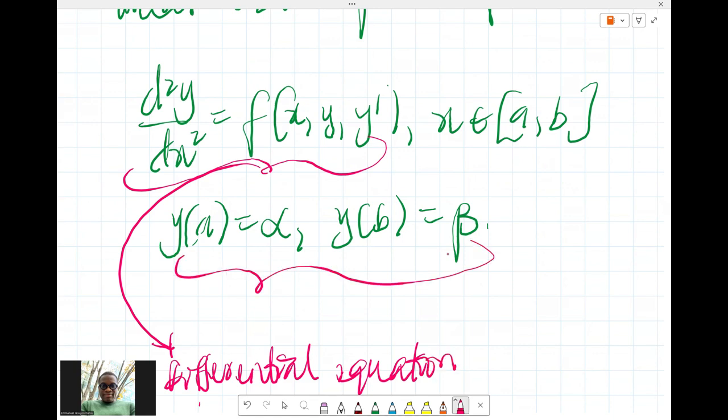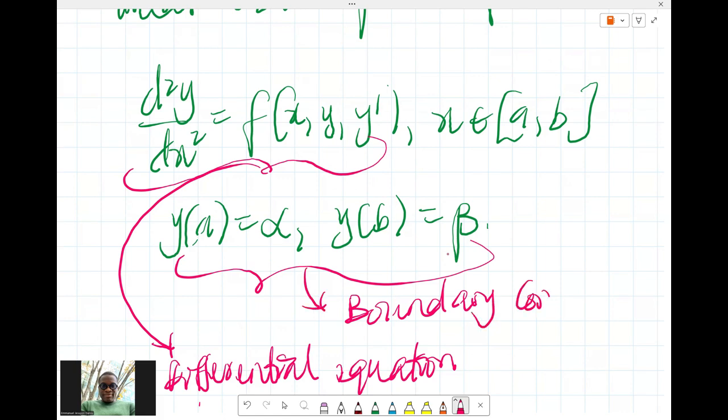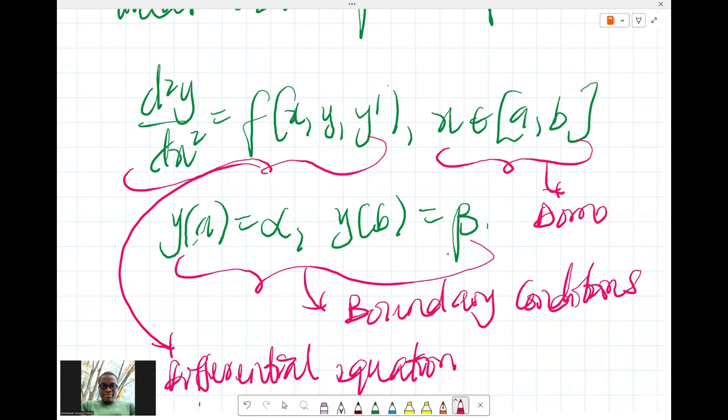And here you have your boundary conditions. And this is the domain for the definition of the problem.